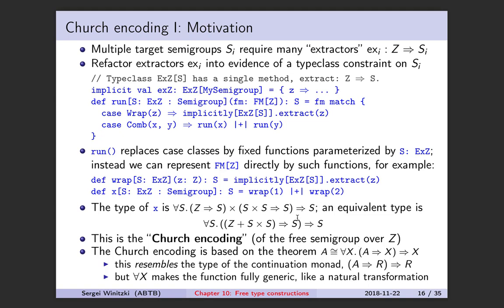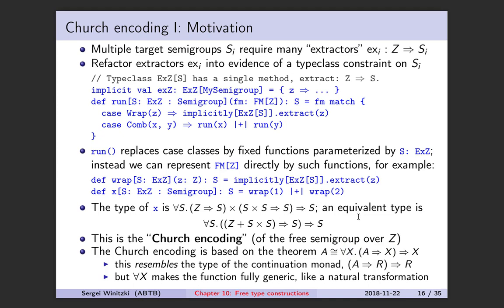There is, however, a bit of difficulty in understanding how to work with Church-encoded types. They're complicated. There's this function whose argument is again a function and it's parameterized over arbitrary x. It's actually not easy to reason about such types.